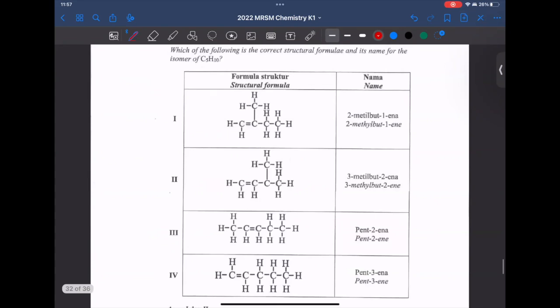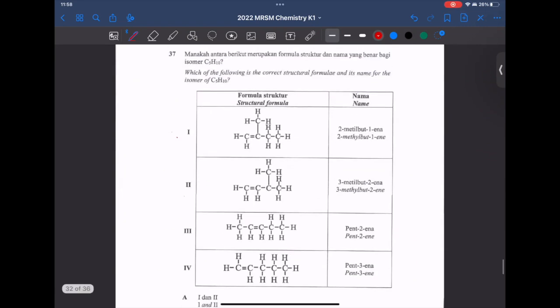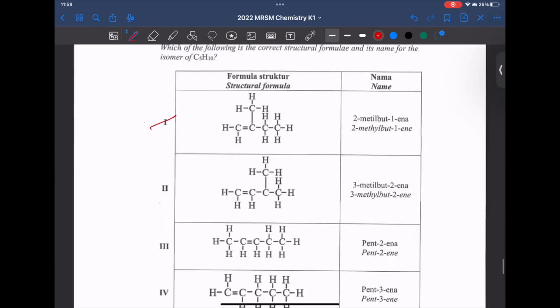So the only possible structure that's correct over here with the correct name for number 37 should be 1 is correct. 2 is wrong, because you see this is supposed to be 1, 2, 3, 4. So it's supposed to be 3-methyl, correct, but 1-ene. So the 2 is out.